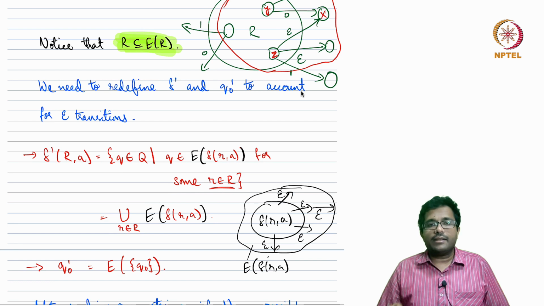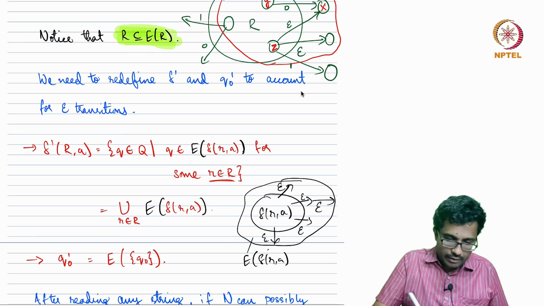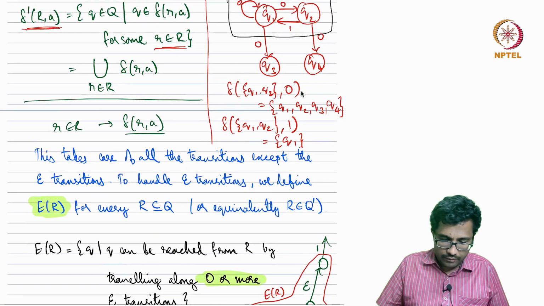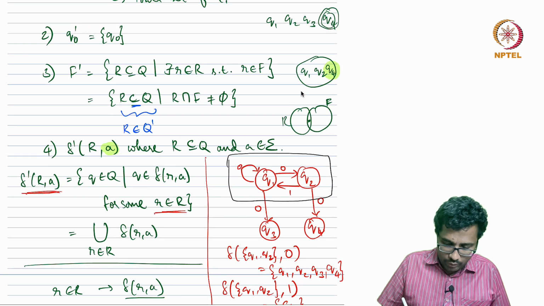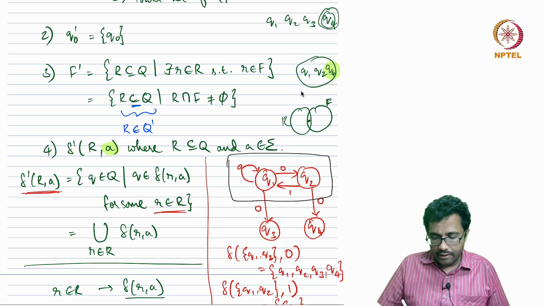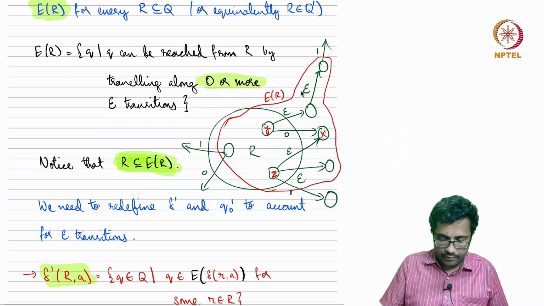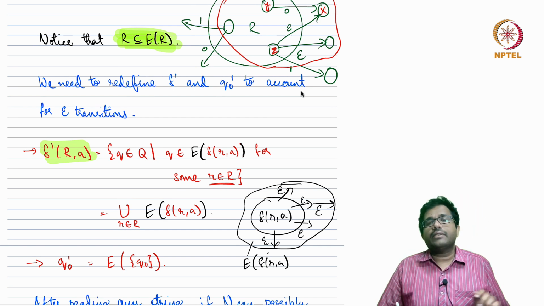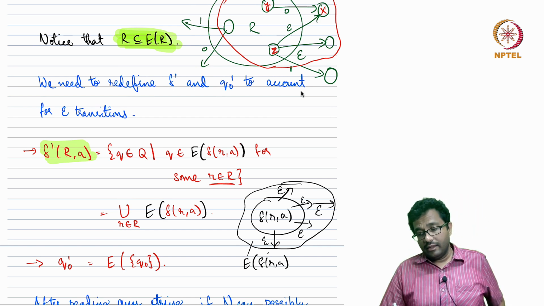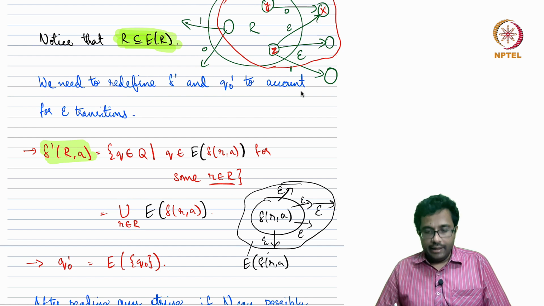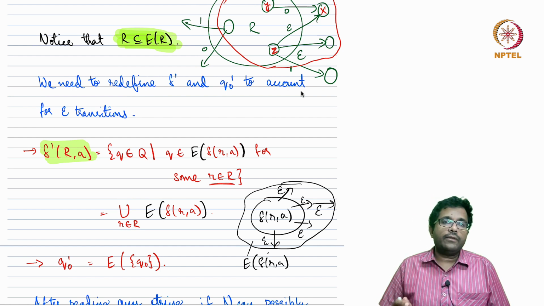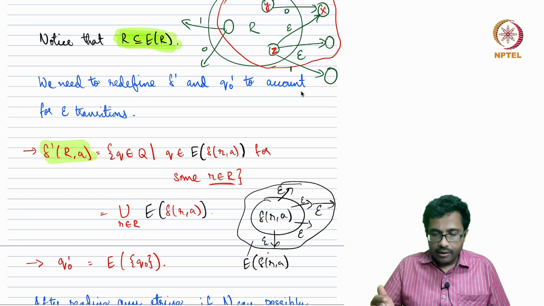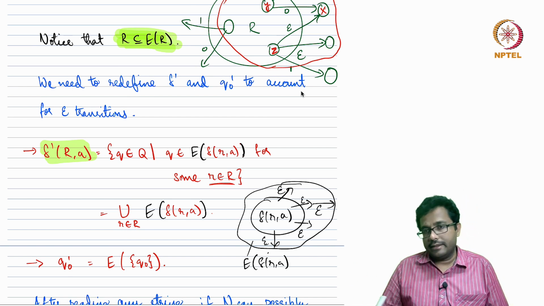The one other place that we have to take care of is the transition function, which we have to modify. So instead of the earlier transition function, this is the actual definition, right. And the other thing that we have to change is the starting state, because in the transition function we are accounting for the epsilon transitions after we make the transition. So what if the starting state had epsilon transitions, right?